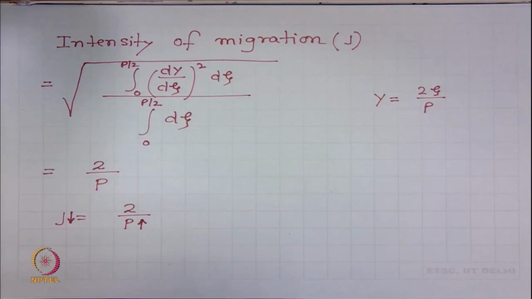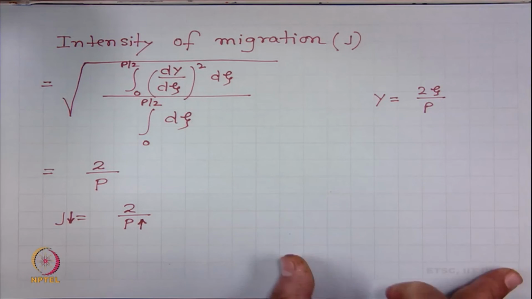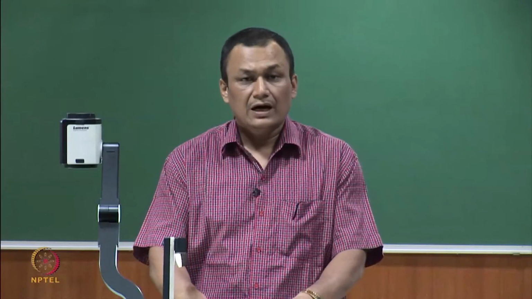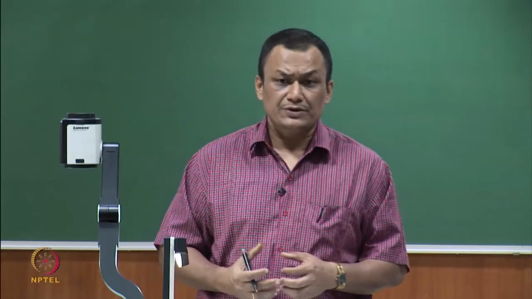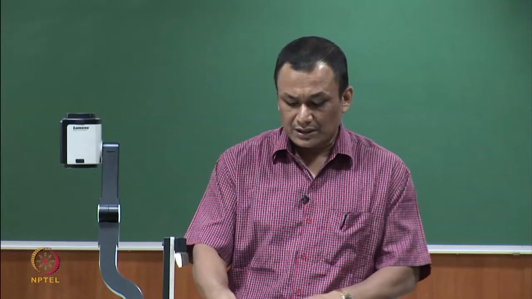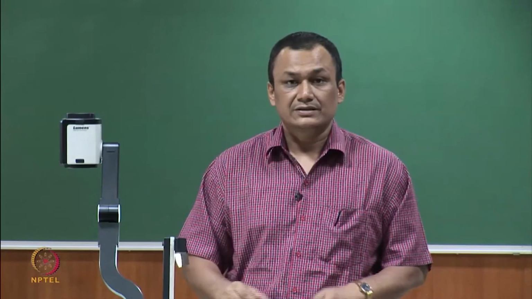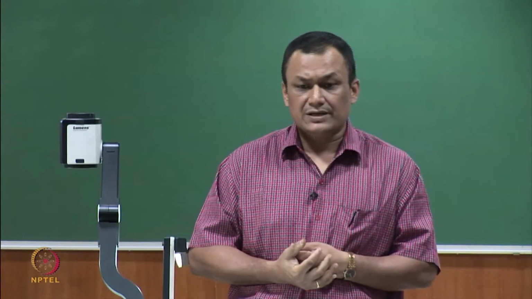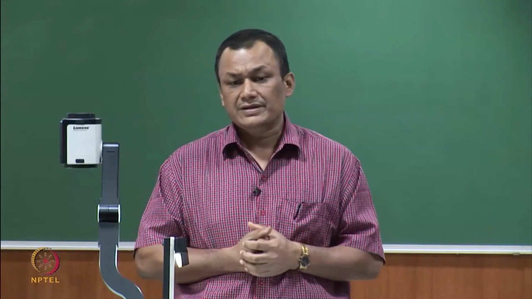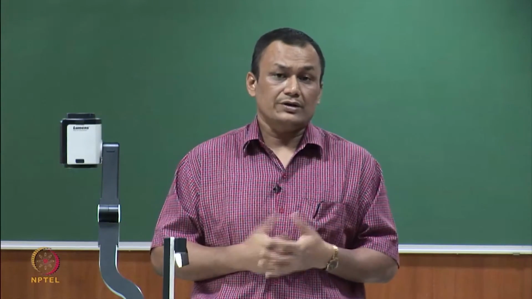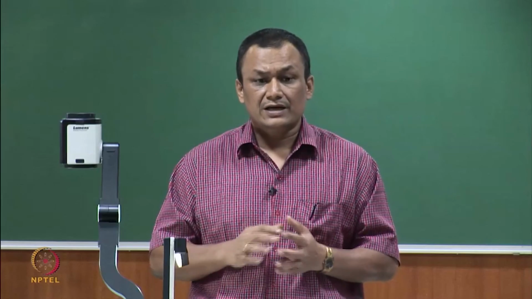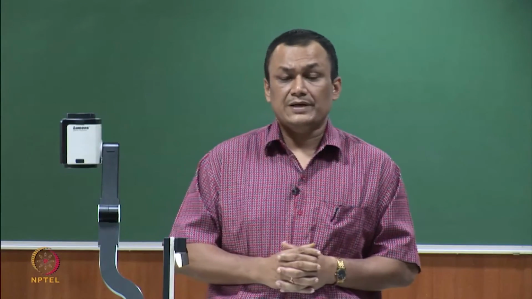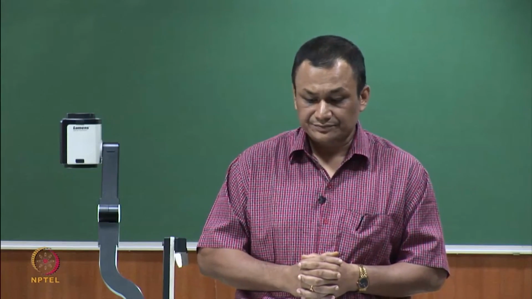Now, the very important question: how is the correspondence between Taylor's migration model and reality, the experimental results? Is it so that Taylor's model explains the experimental results very well, or is it so that Taylor's model fails to explain the experimental results?